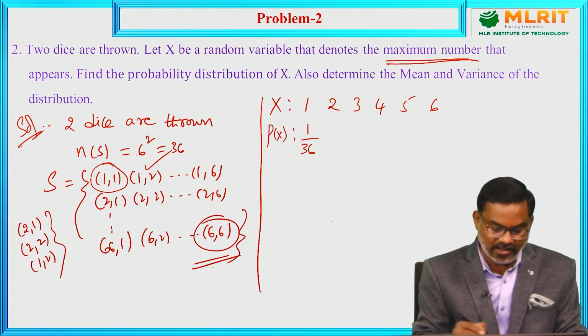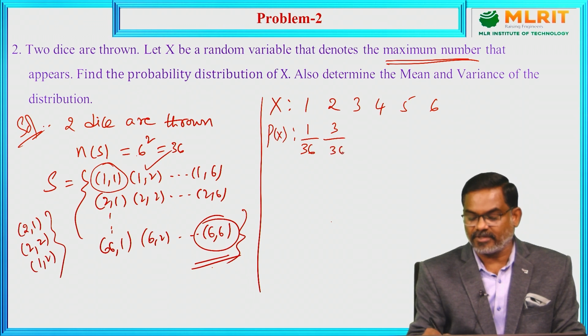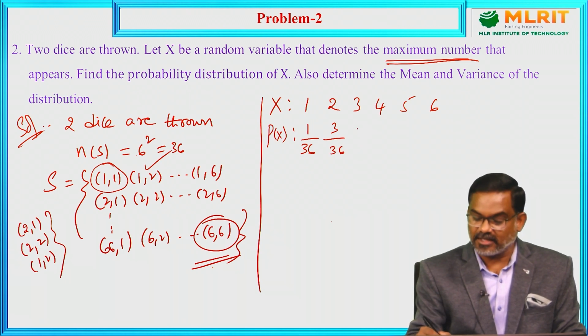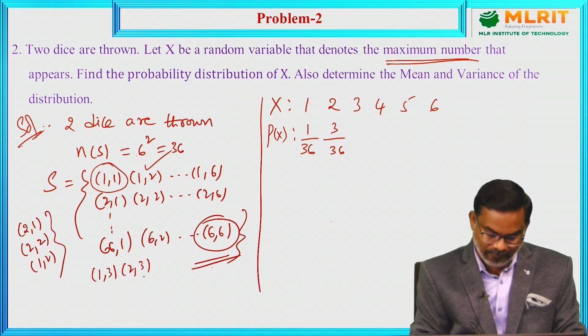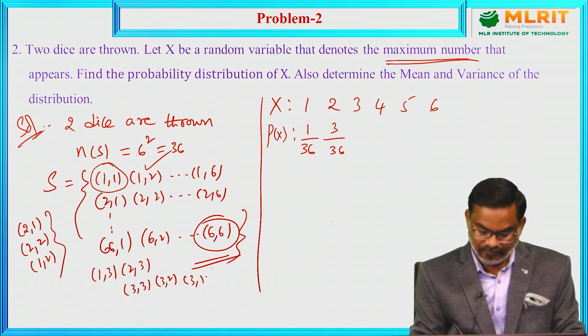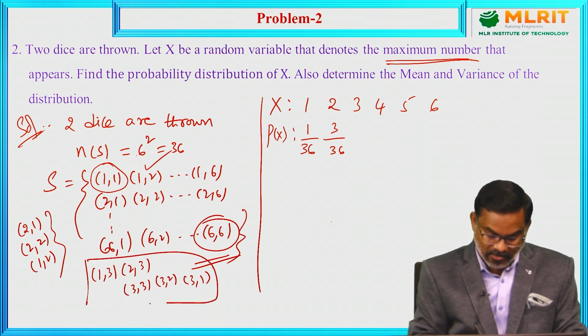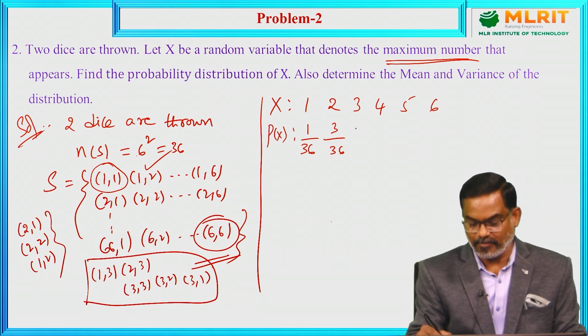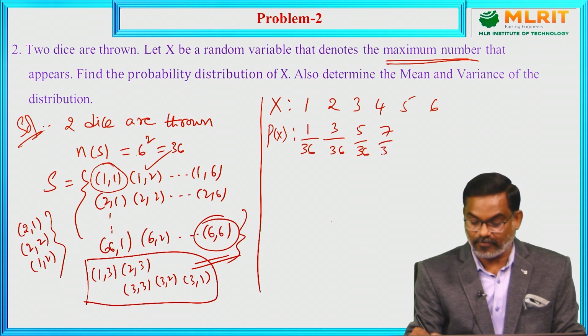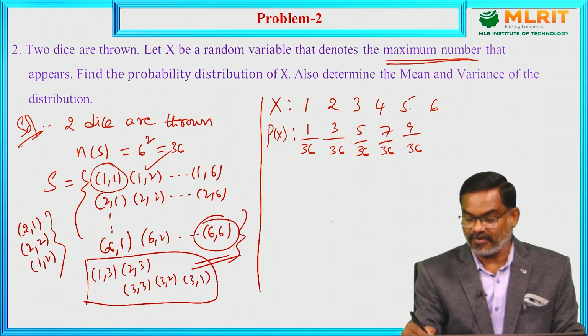There are 3 favorable cases out of 36. And 3 is the maximum in (1,3), (2,3), (3,3), (3,2) and (3,1). So, there are 5 favorable cases to get 3 as the maximum number. So, 5 by 36, 7 by 36 for 4, 9 by 36 for 5 and 11 by 36 for 6.